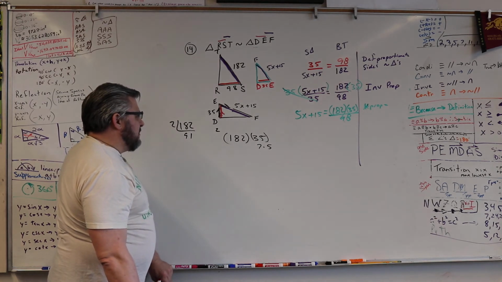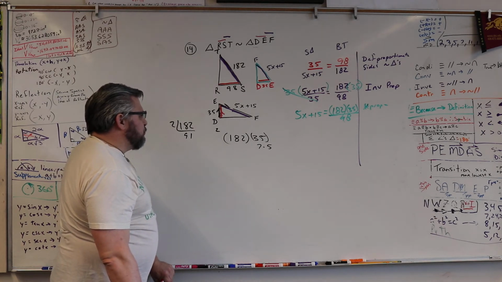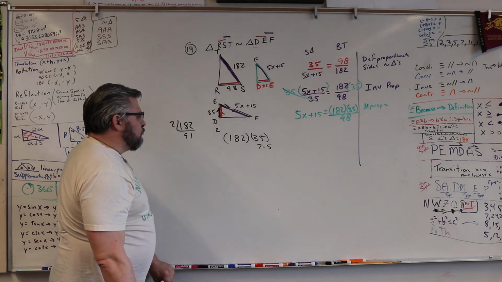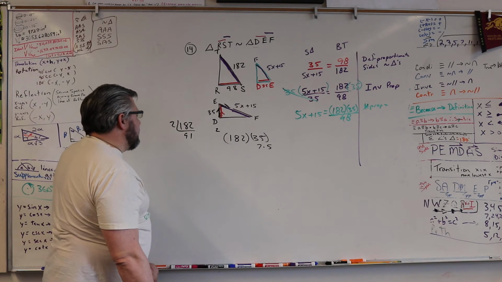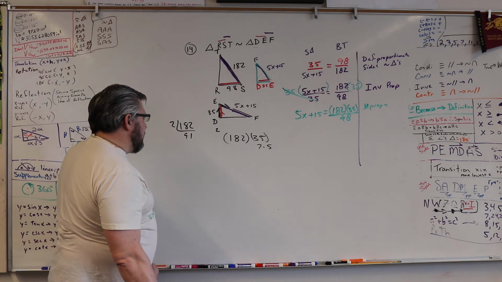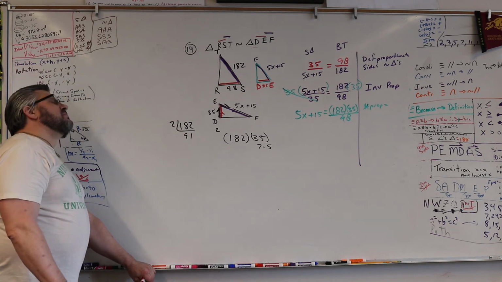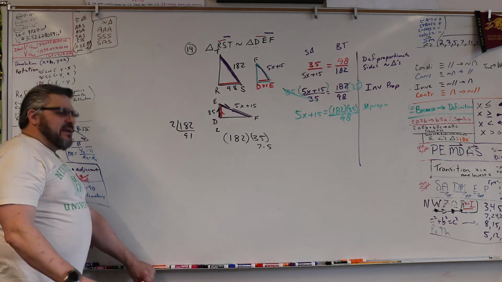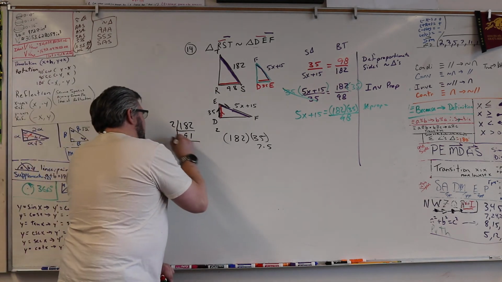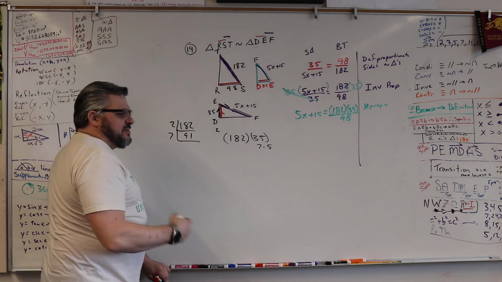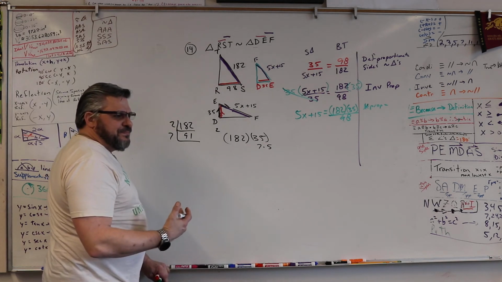This is not fun. It's an ugly problem. Like a number, 91. 2, 3, no. 5, no. 7? Yeah, 7 does. Okay. There we go. So 7 goes into 91 how many times?